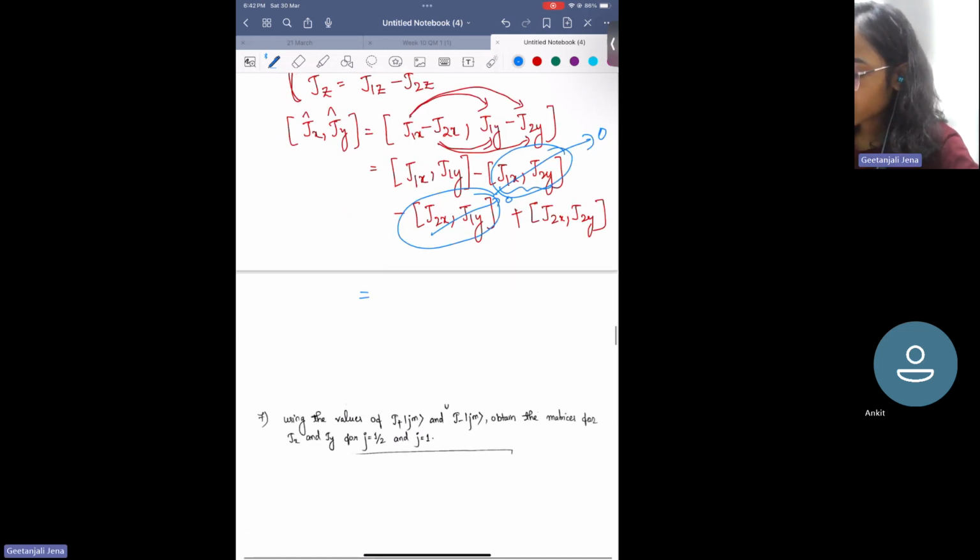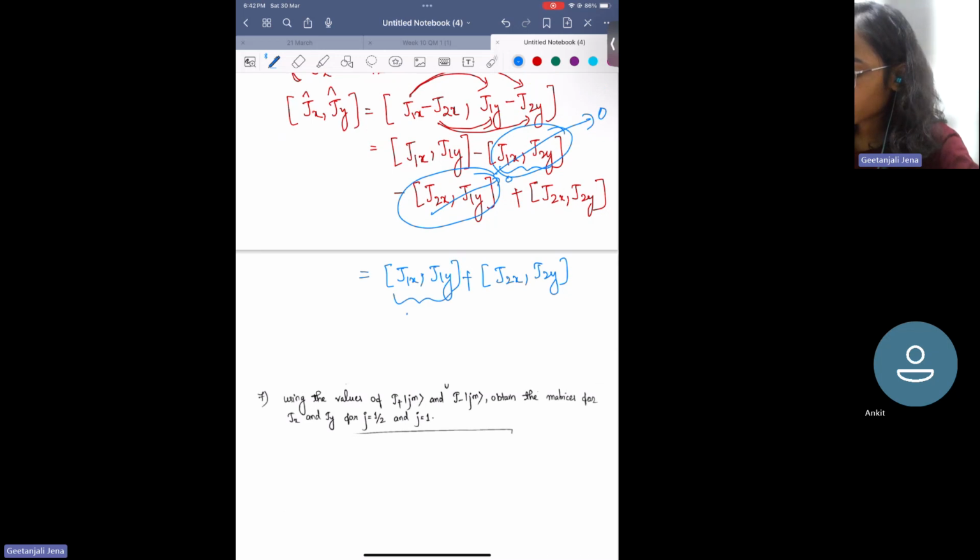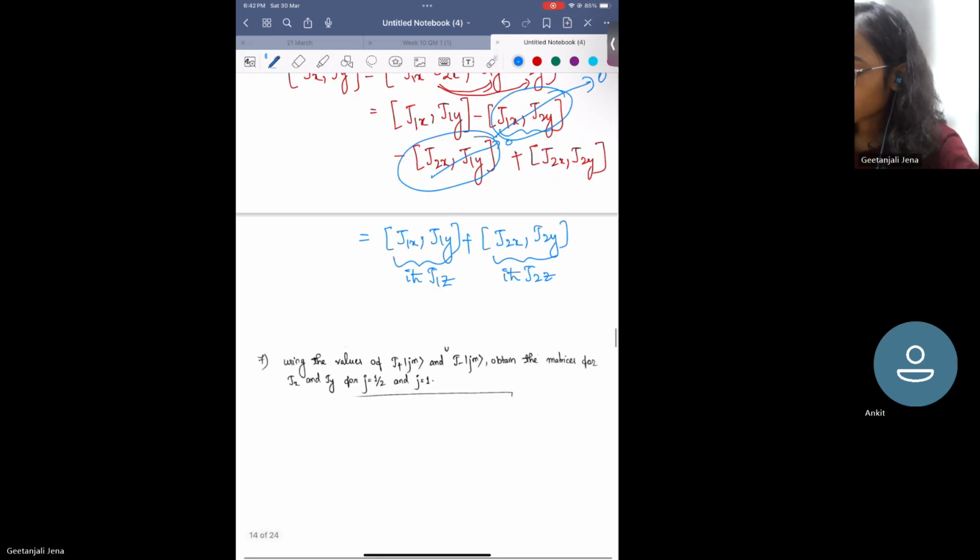So the terms that will remain are J1x, J1y plus J2x, J2y. This is iħ J1z. This is iħ J2z.